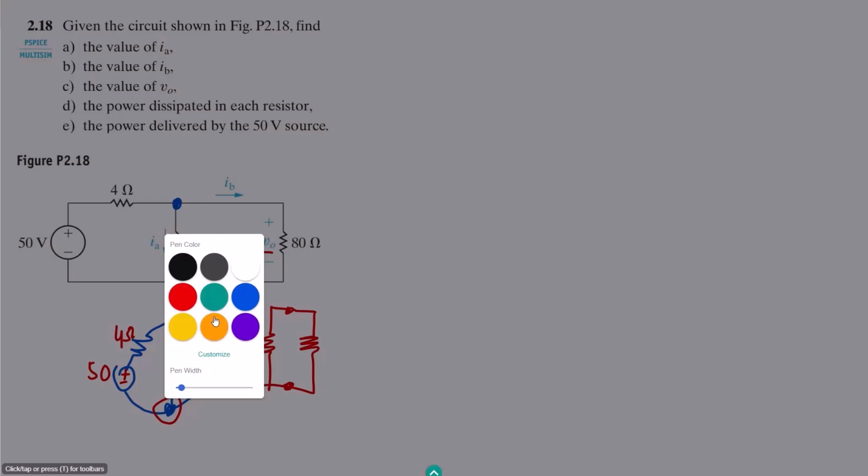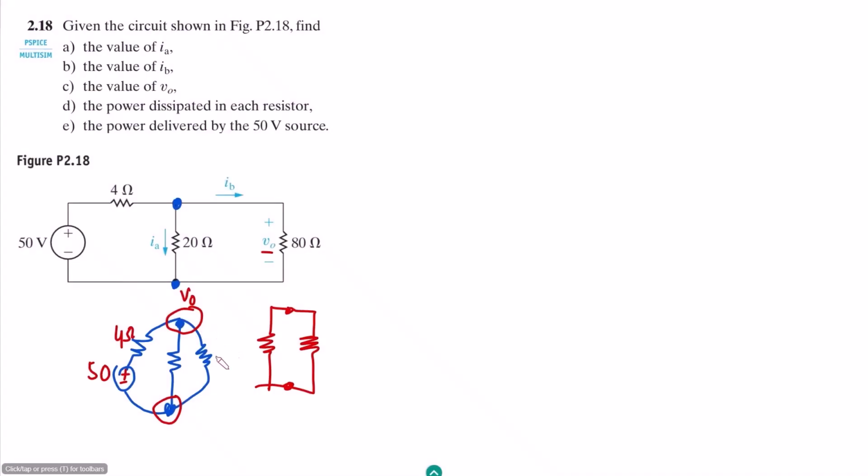So what are the currents? Let me show the currents here as well. This is IB, this is IA. And let me represent here this I0, which is the current supplied. So we can very clearly see here that this V0 is equal to the voltage across 80 ohm, across 20 ohm, and the voltage which is generated by this 50 volts minus the voltage which is subtracted by this 4 ohm.